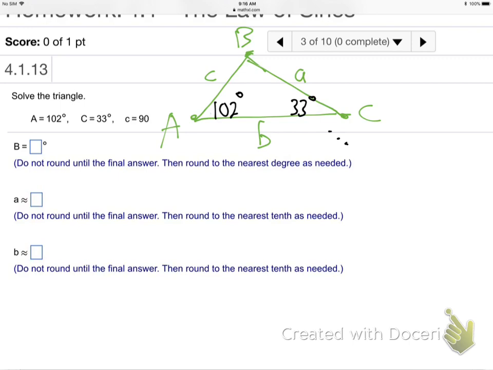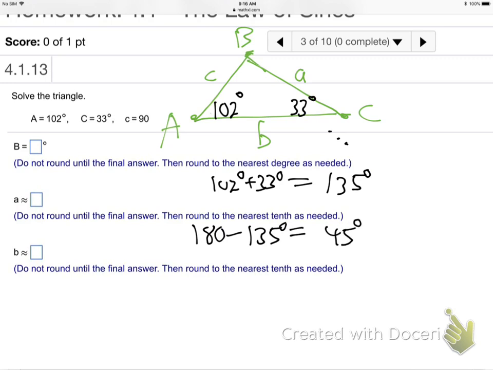You'd find capital B, right? 102 plus 33 is 135, and subtract from 180. 180 minus 135 is 45 degrees for capital B, and then you can do all the rest the same, use the law of sines and crank them out. All right, I'm going to move on.